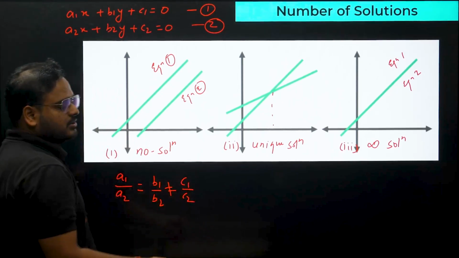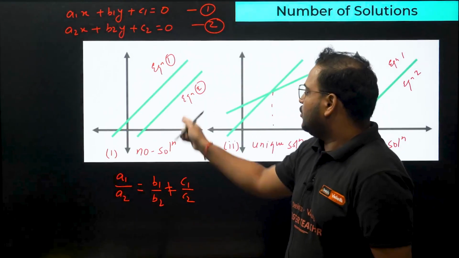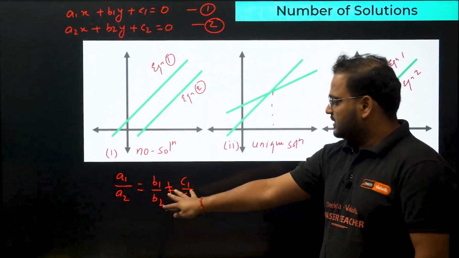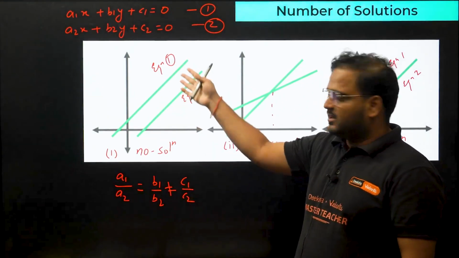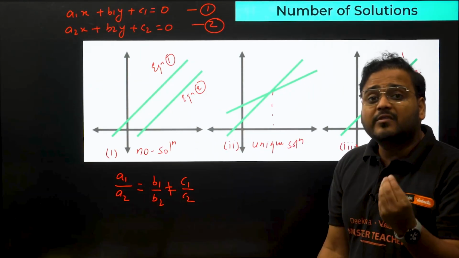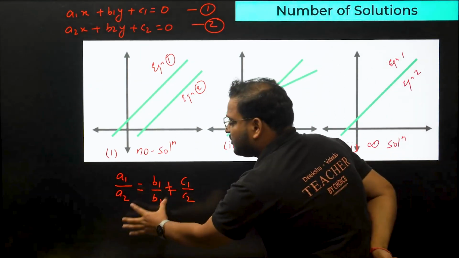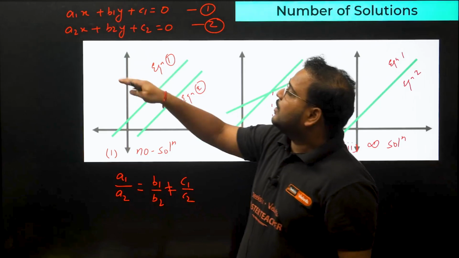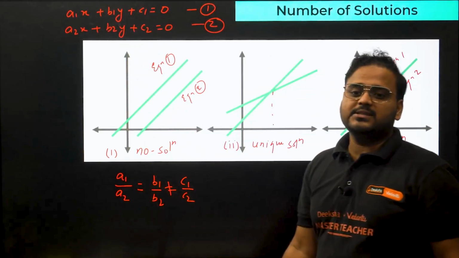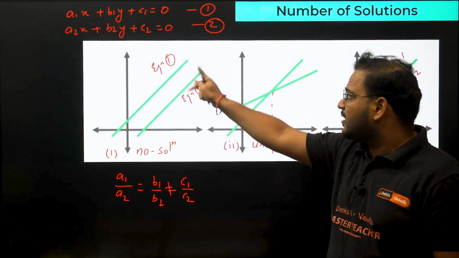This is the condition for the no solution case, the algebraic approach. If you have the graph given, it's faster of course, but if the graph is not given and you don't have time to draw, just check the ratios of the coefficient of x, the coefficient of y, and the constants C1 and C2. This condition is for no solution.